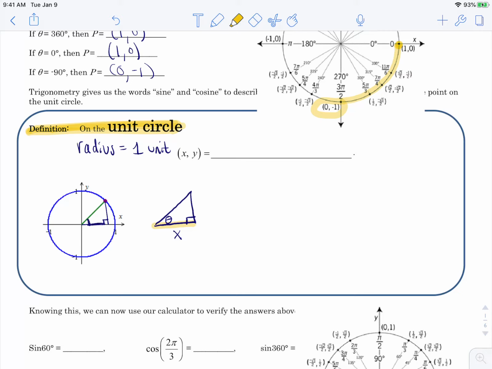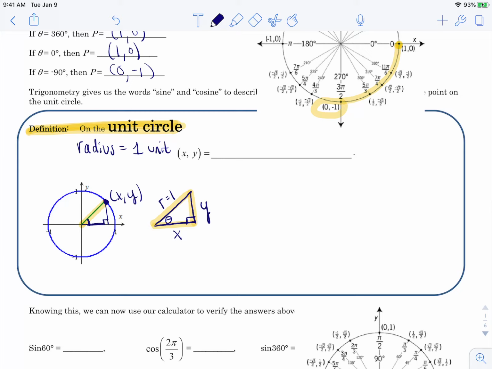And then when I move vertically up and down, that's my y value. And that's how we get that coordinate, which is right here, (x, y). And then this piece right here is known as our hypotenuse, but it's also known as the radius of our circle. And we know that our radius is 1.